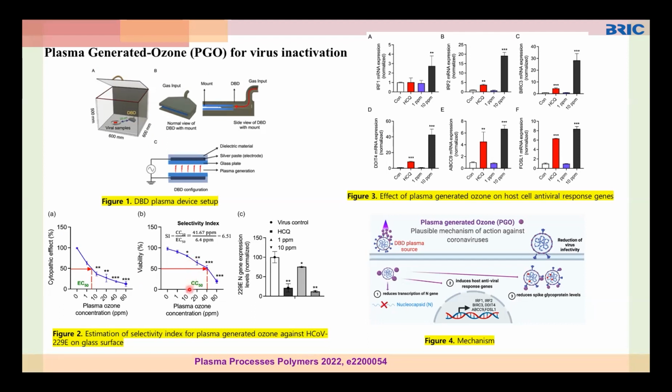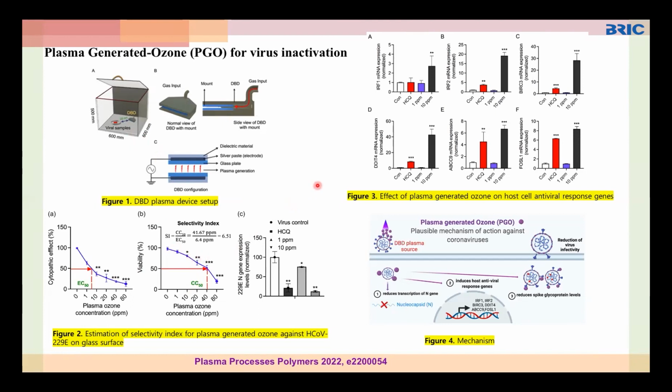So we can use even up to 10 ppm in a room to sterilize tables or surfaces, plastics or doors, other surfaces like computers or keyboards, those kinds of things. Even in a hospital setting, we can use this method to inactivate viruses on patient beds, or in hospital rooms, or emergency rooms.